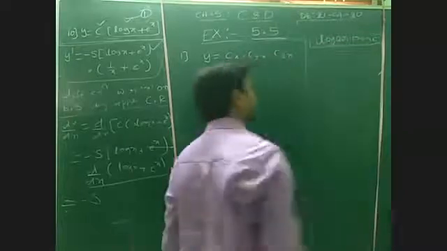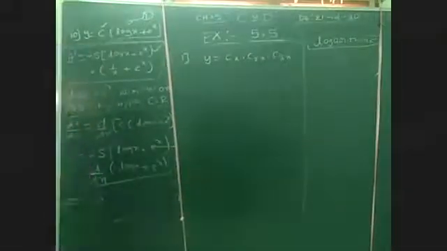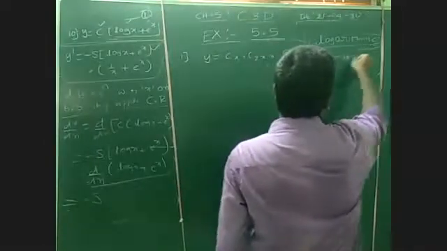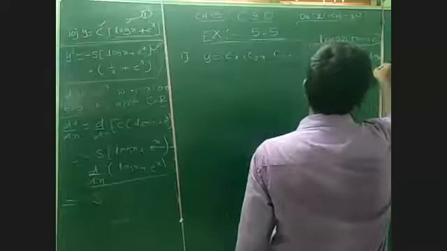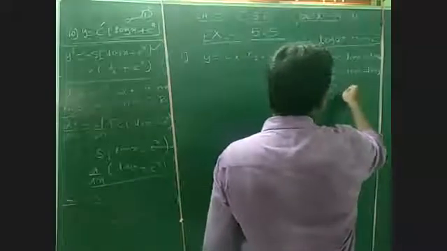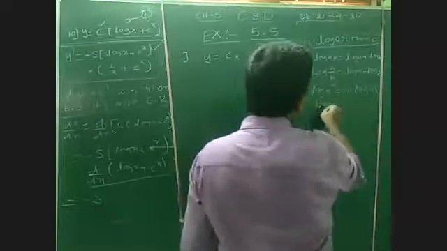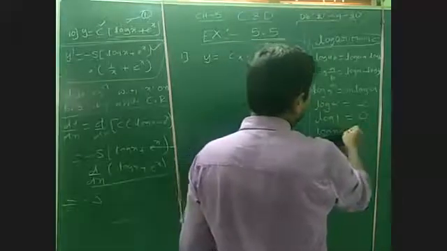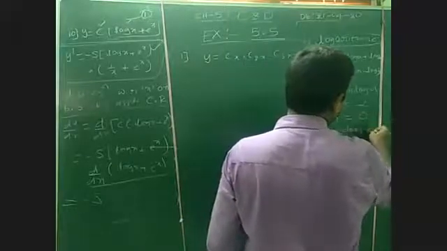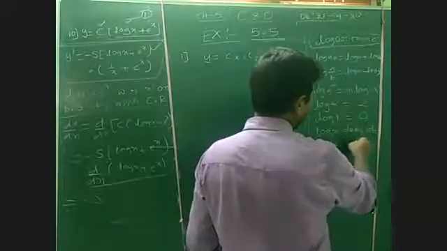Already you know what the log AB formula is: log AB is log A plus log B. Log A by B is log A minus log B, and log A power m is m log A. Log 0 is undefined, log infinity is infinity, log 1 is 0, and log x does not exist when x is less than or equal to 0.